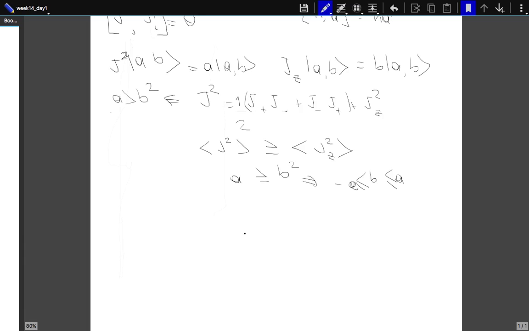We don't yet know whether B can be equal to root A or not, but then we showed that A was equal to B max times (B max plus h bar). Do you remember? Or do you want me to repeat?